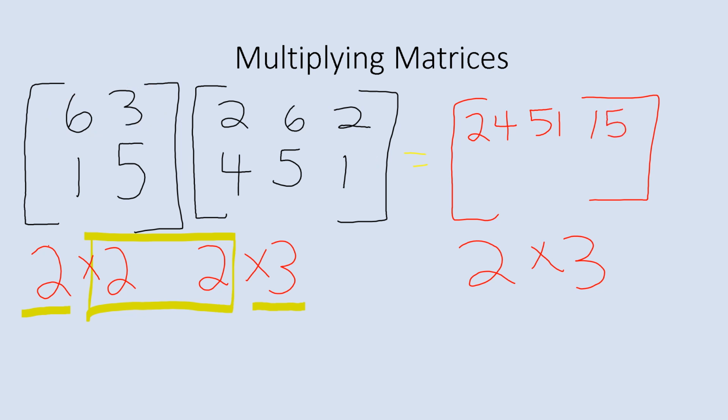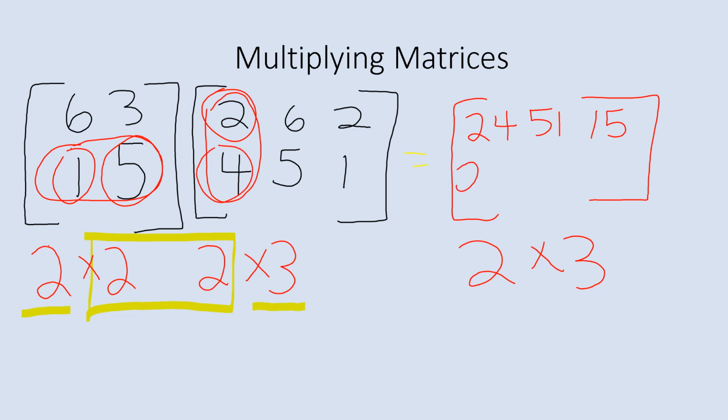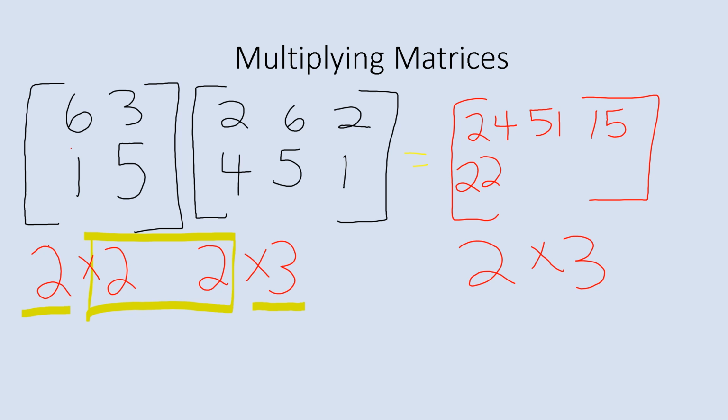Now we're going to move down to our second row over here, and we're going to multiply that by the first column. 1 times 2 is 2. 5 times 4 is 20. 2 plus 20 is 22. Then we have multiplying the second row by the second column.